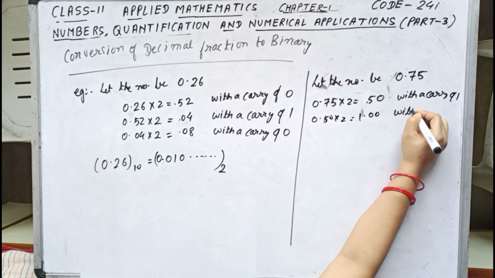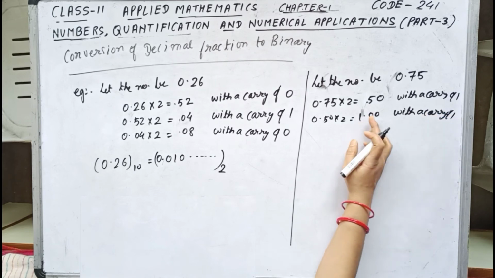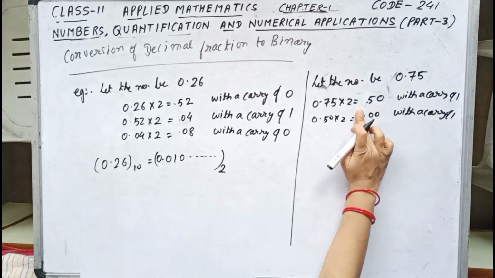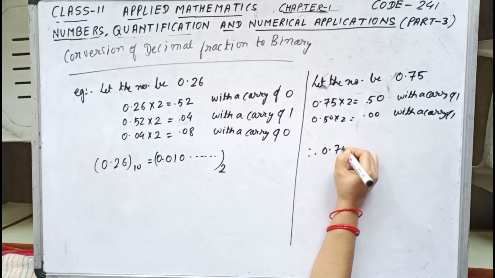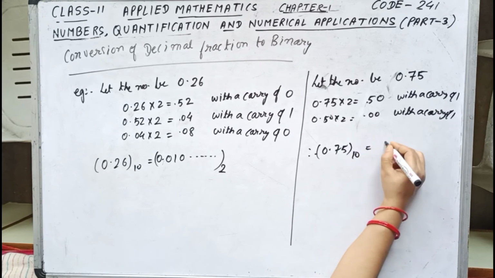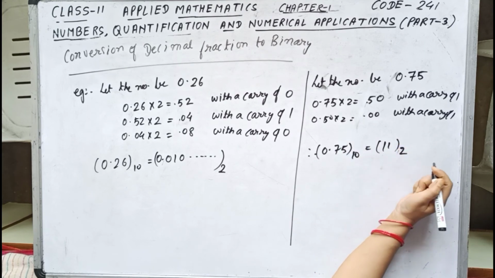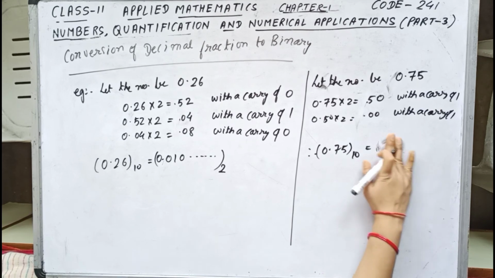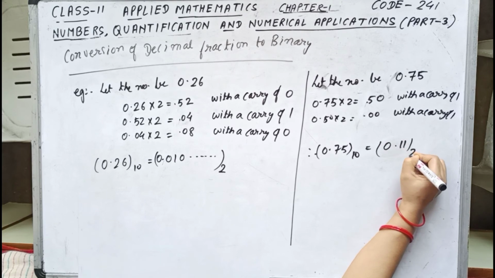So we will be writing with a carry of 1, and here it is stopping, 0.00. So therefore 0.75 equals 0.11 in binary system.